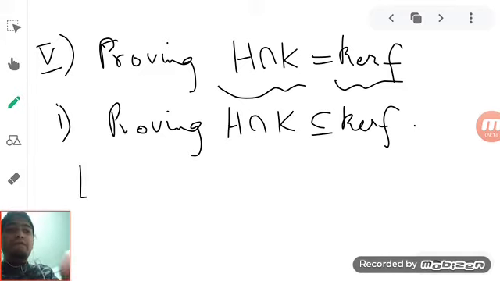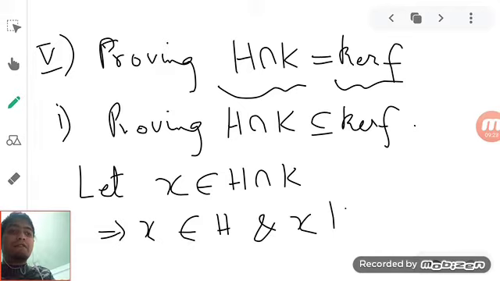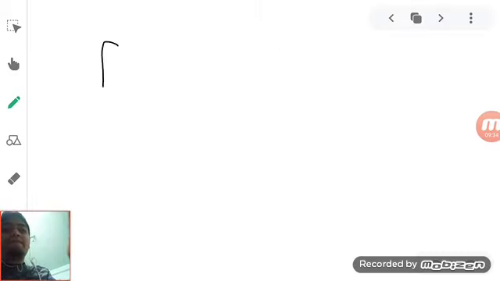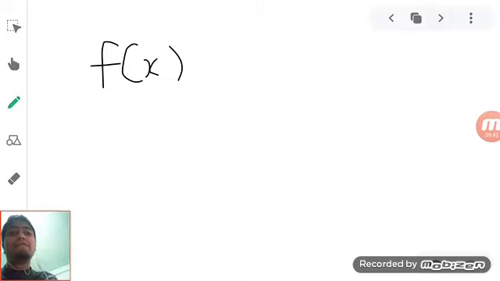So how will we do? Let x belong to H intersection K, which implies x belongs to H and x belongs to K. Now we need to find f(x), because we need it to be in the kernel. If you need to show that x is in the kernel, you need to find f(x), and we will show that it is equal to the identity.